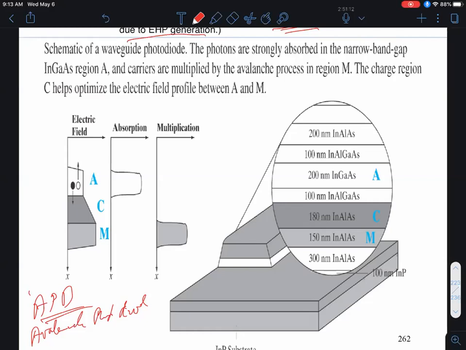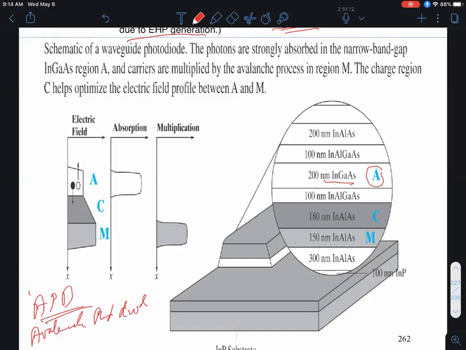Well, it's a more complicated structure where you have a low band gap semiconductor, in this case, say InGaAs, Indium gallium arsenide, which is my so-called absorption region. So when I shine light into the structure, most of the light gets absorbed in the low band gap semiconductor.